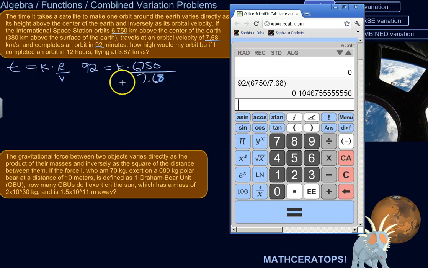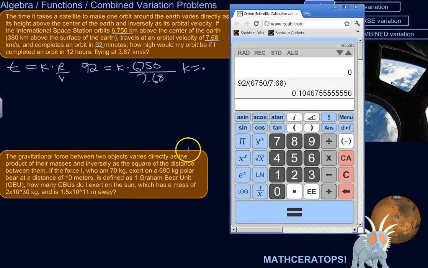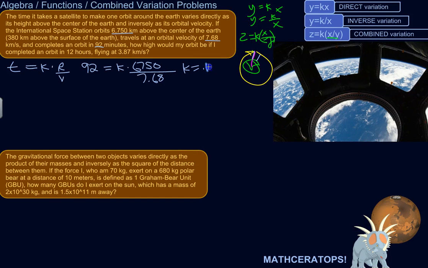So let us just round that to 0.104676. Okay, now that we know what k is, we can write our equation with that constant.